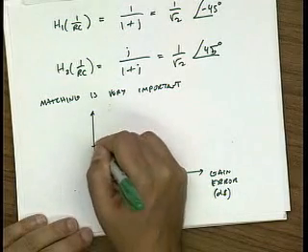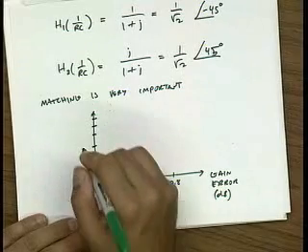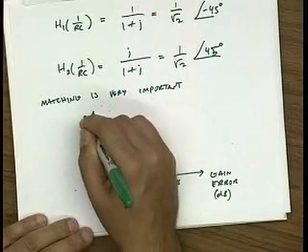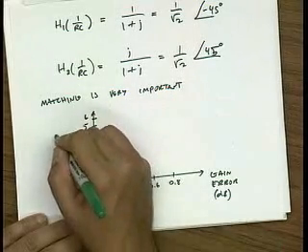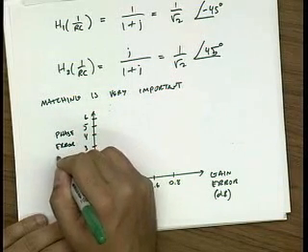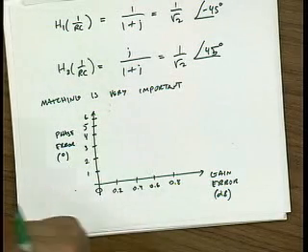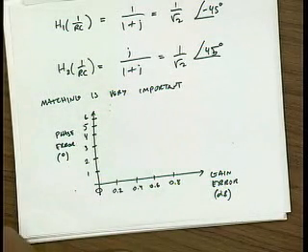On the y-axis, I'm going to plot the phase error, 1 degree, 2 degrees, 3 degrees, 4, 5, up to 6 degrees. So this is the phase error in degrees. And what you can do is you can plot contours of basically constant image rejection.